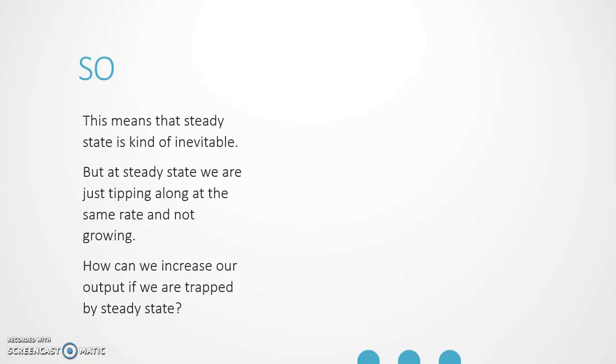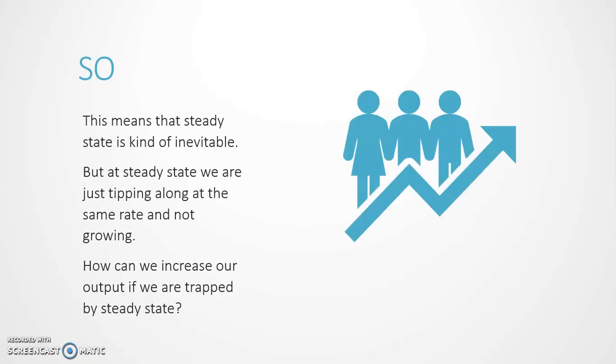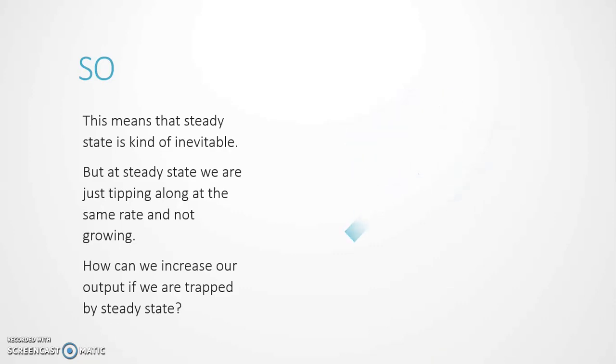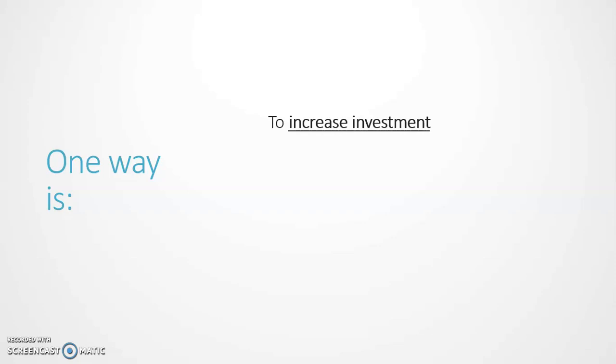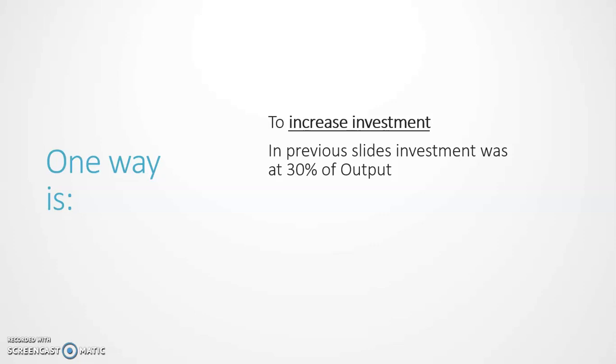Okay, I think the next slide tells us how we increase it. One way is to increase investment. In the previous slide, investment was 30% of output. Let's try to increase the percentage and see what happens.